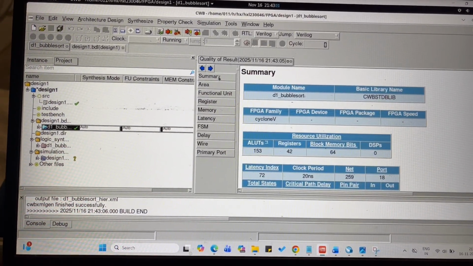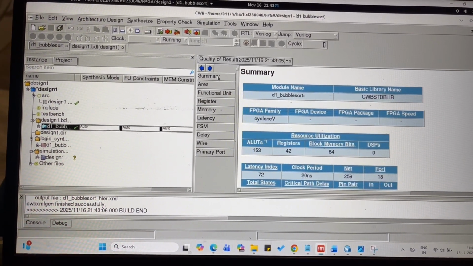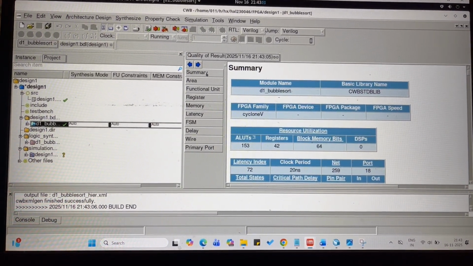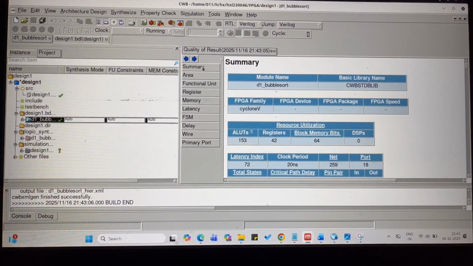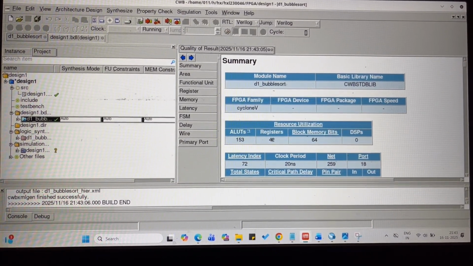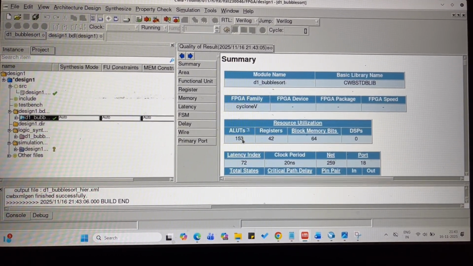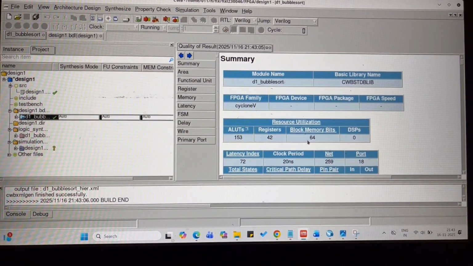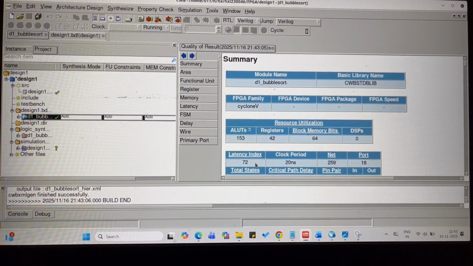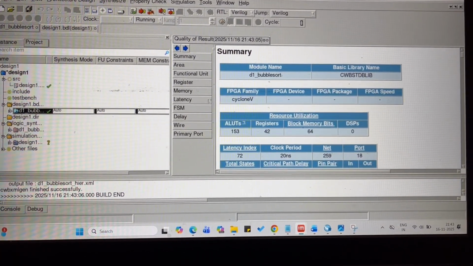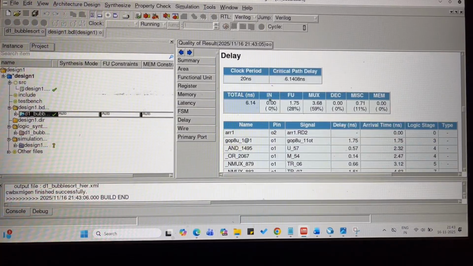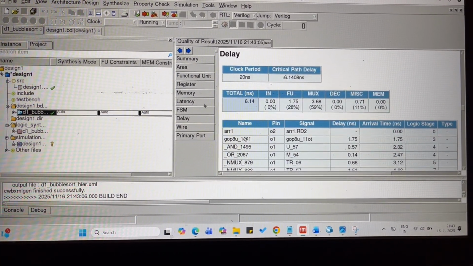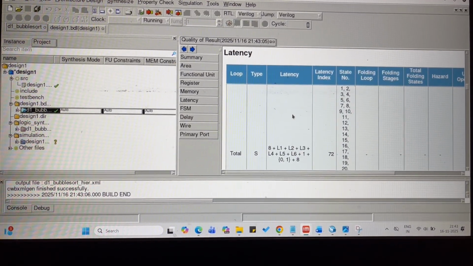So this is our second design. What we did was change the RAM pragma to registers, and we also changed the unroll. We mentioned not to unroll, so it is 0. Now you can see that it is consuming very few LUTs and very few registers, with a memory block of 64, and it has a latency of 72 and a critical path delay of 6.1408 nanoseconds.